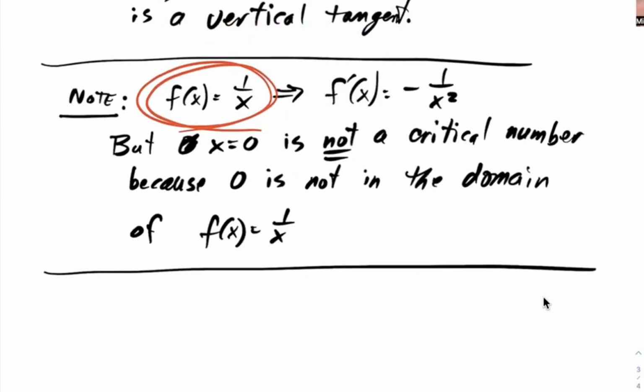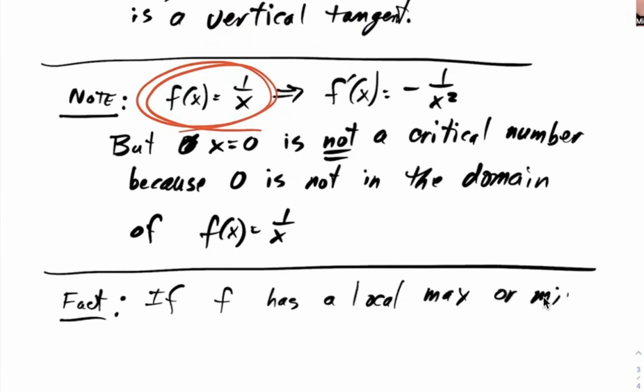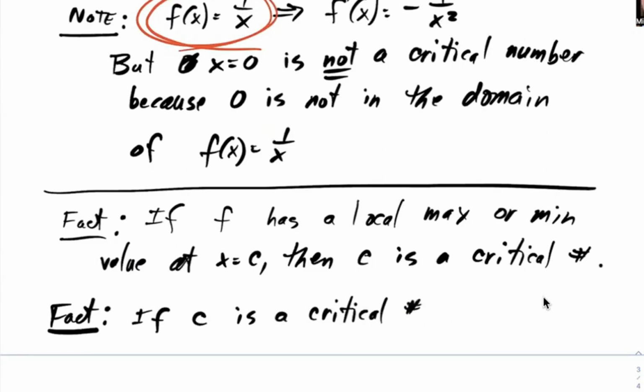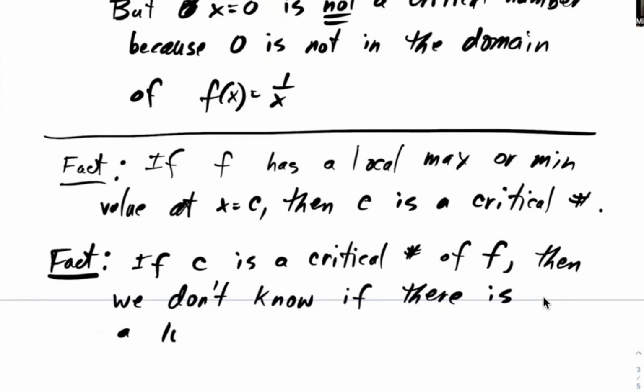Also, let me point out the fact that if f has a local max or min value at x equals c, then c is a critical number. However, the converse of that doesn't work. If c is a critical number of f, then we don't know if there is a local max or min at x equals c.